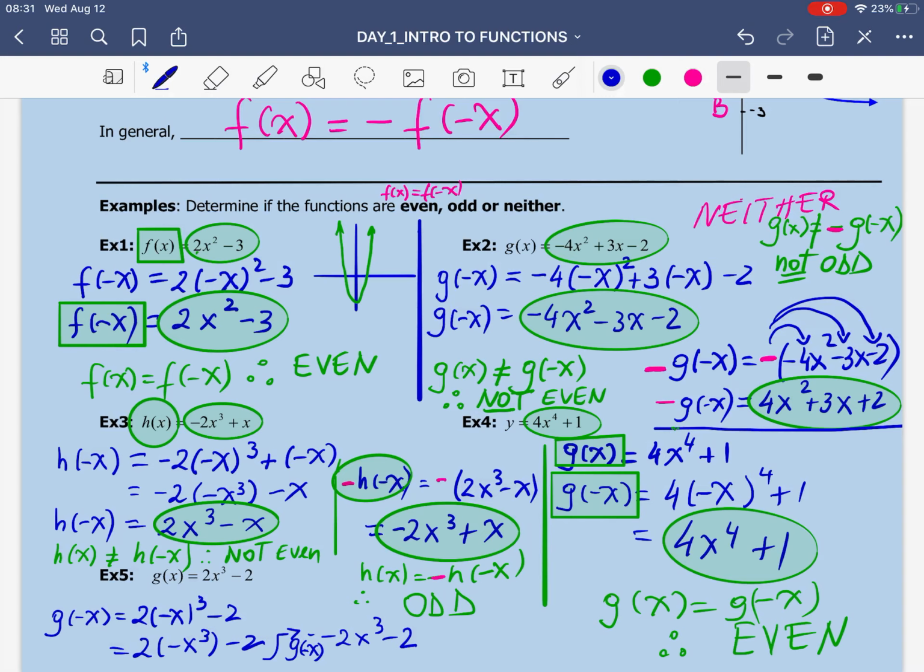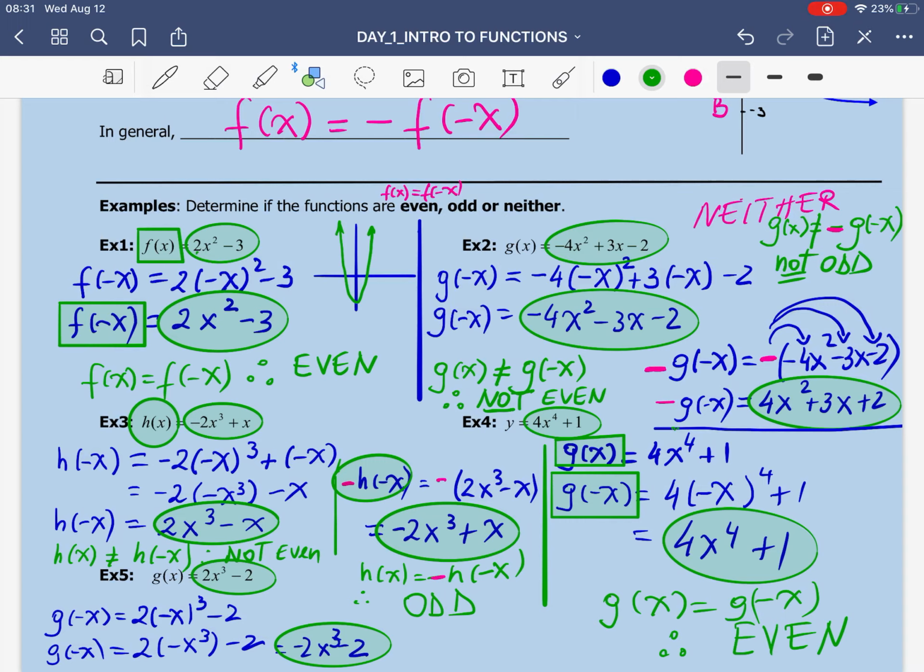And if we compared it with, I'll rewrite it better, sorry about that. Negative 2x cubed minus 2. So if we compared the function we just obtained in here, negative 2x cubed minus 2, with the given function, we see they're not exactly the same, so we're going to say not even.